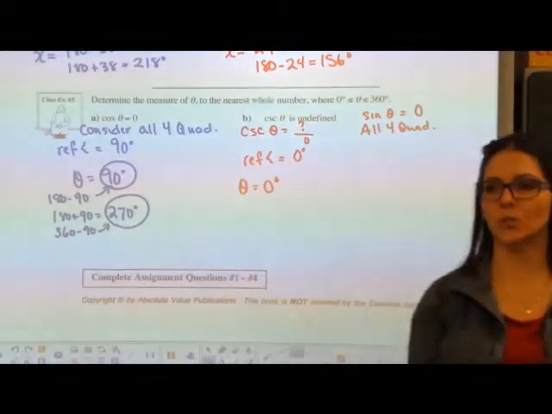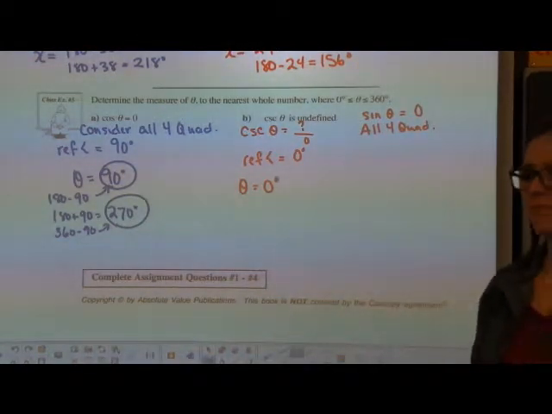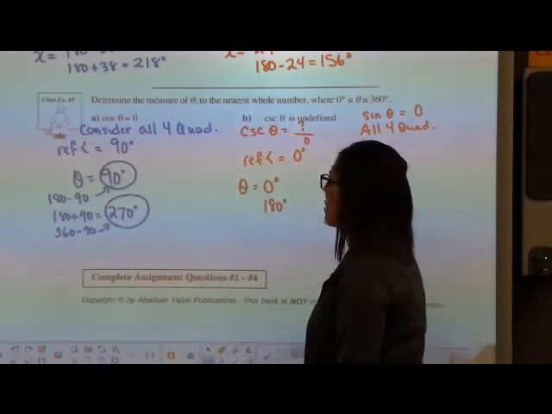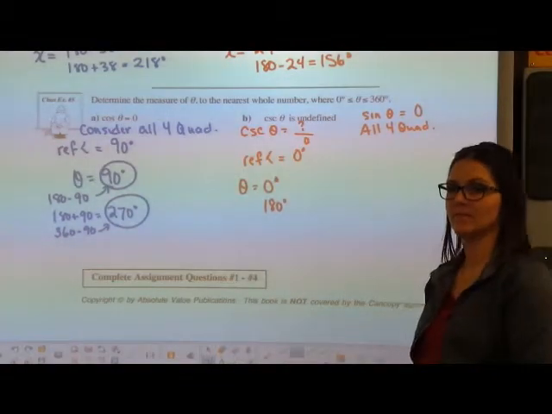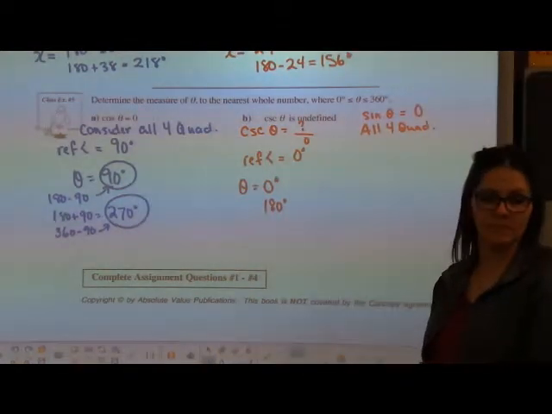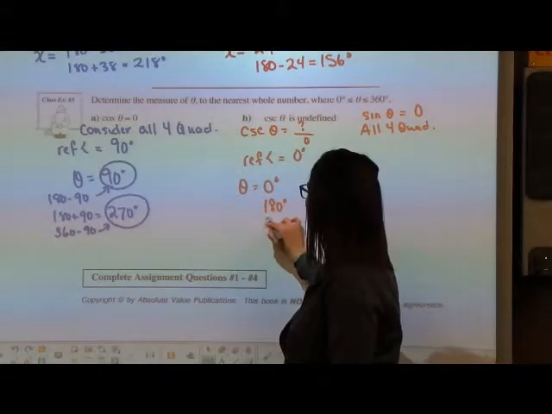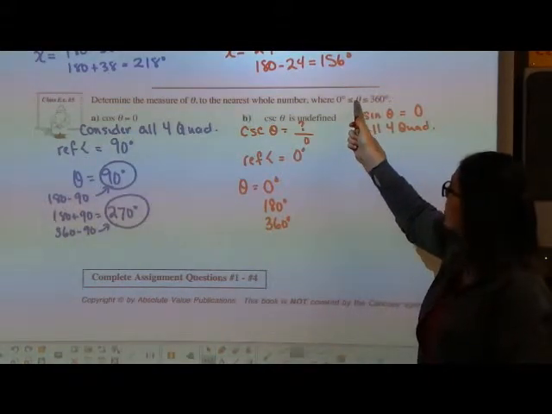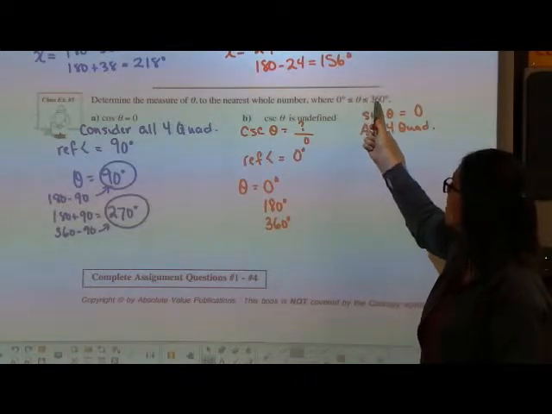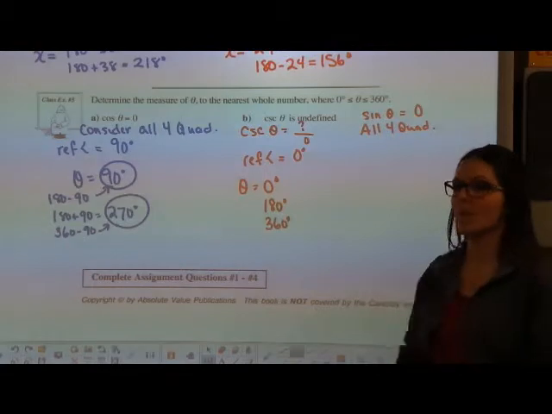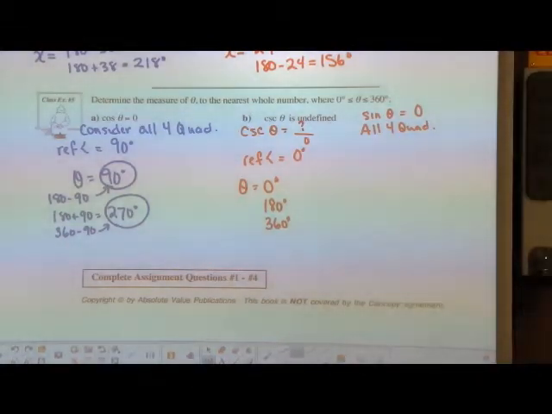What is it in quadrant 2? 180. What about quadrant 3? 180 again. And what about quadrant 4? 360. And if I look at my domain restriction, theta can be between 0 and 360, and it can be equal to both those values, so 0 and 360 are possibilities.